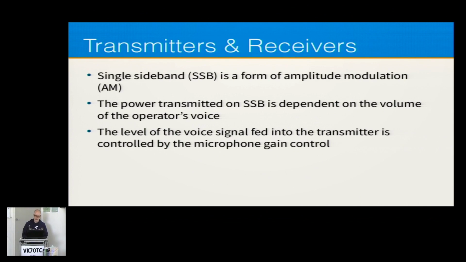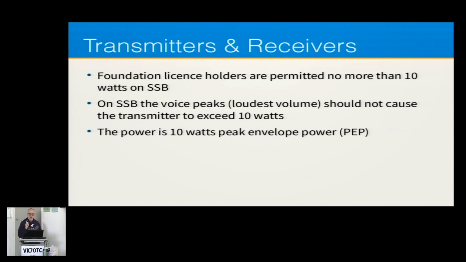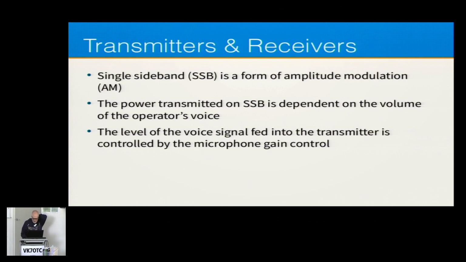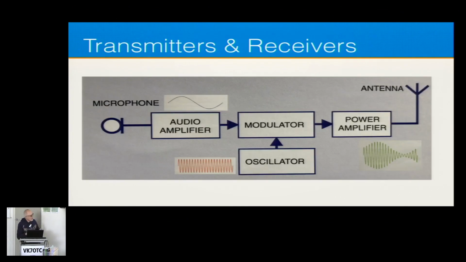We talk about foundation licensees having power limits of 10 watts on single sideband, and we talk about it being a peak envelope power of 10 watts. So if we go back to here, the output waveform over here goes up and down with your voice.